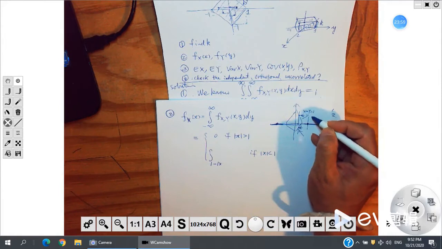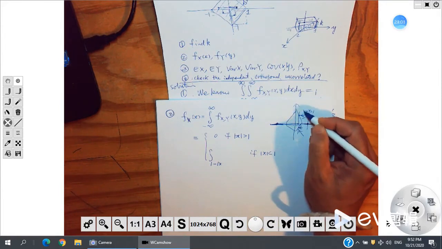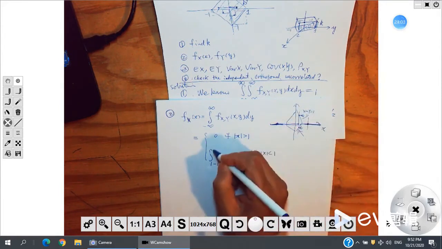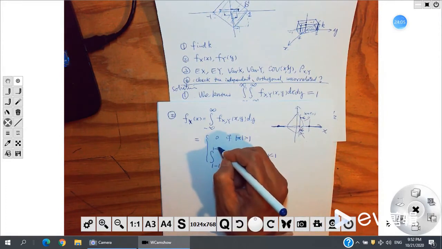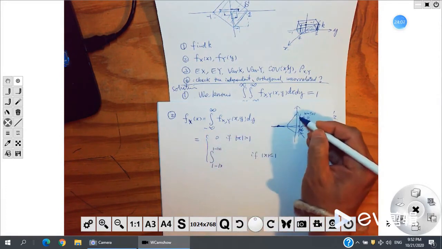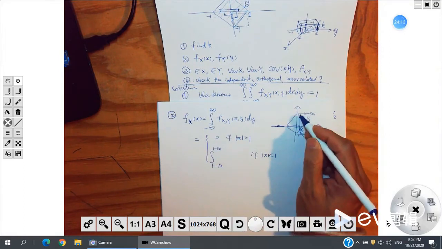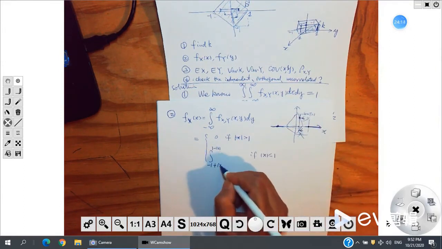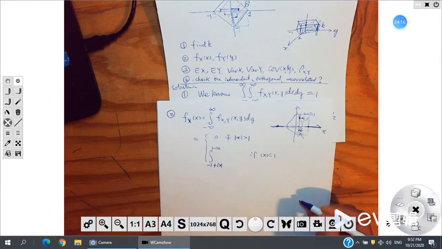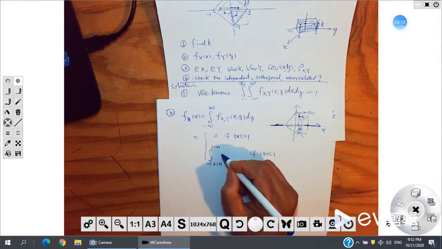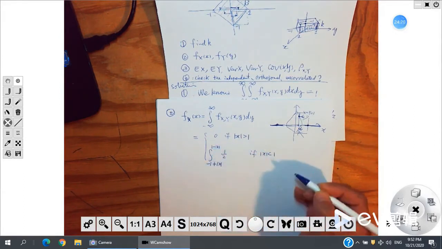So x is fixed, y will be 1 minus x. So this is 1 minus the absolute value of x. This point, right? This is 1 minus, and this is the opposite of that. So it's negative 1 plus the absolute value of x, right? Okay, and here's a k. K we know is 1/2, and here's a dy.